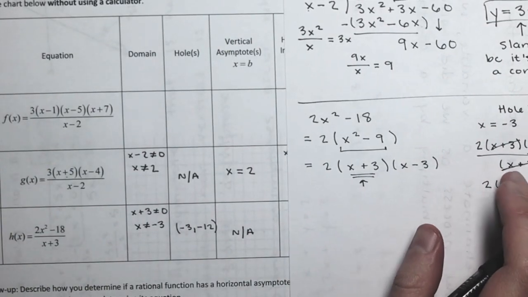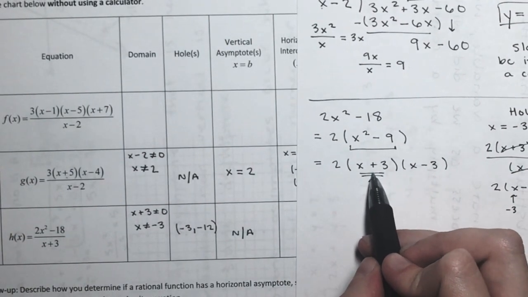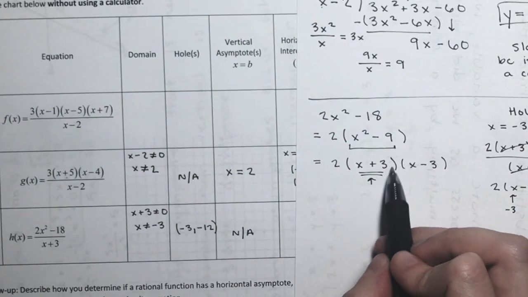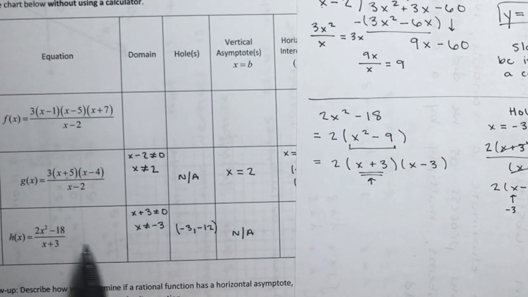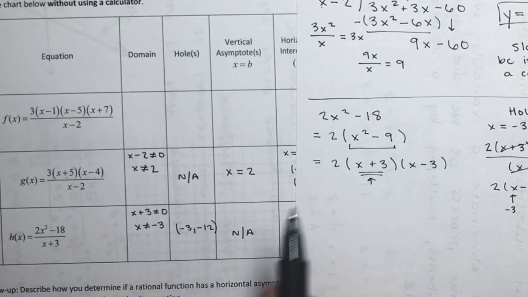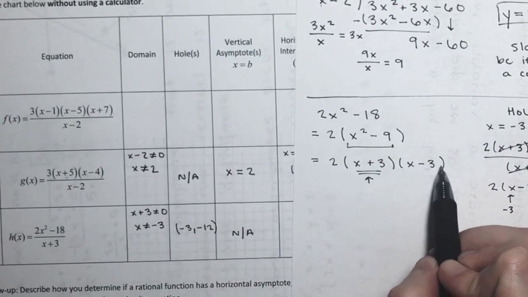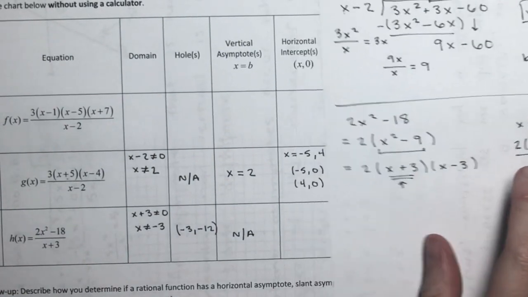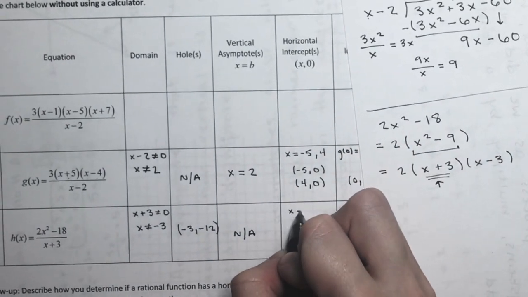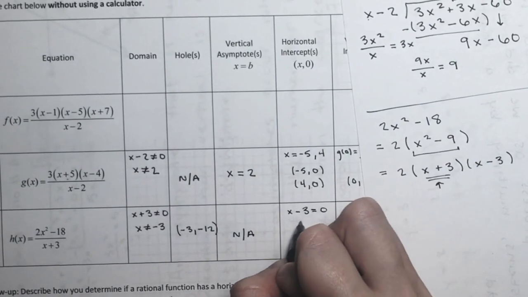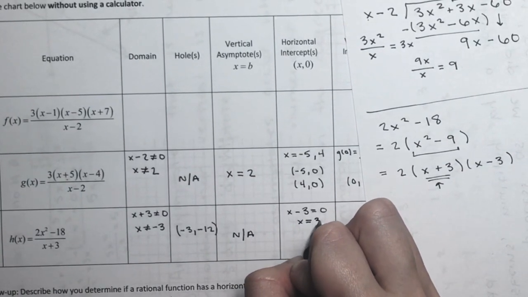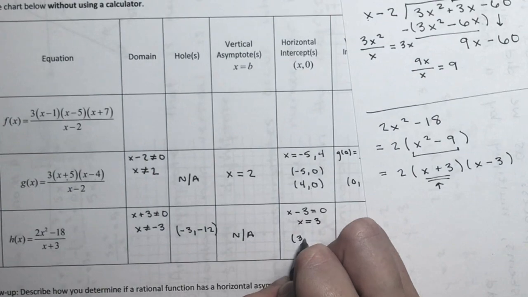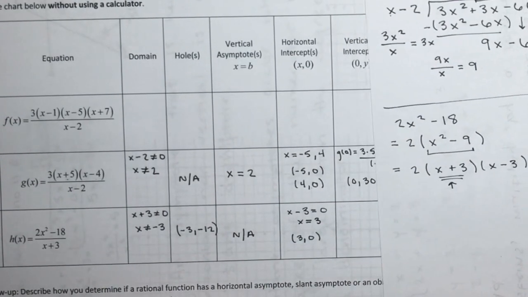So we will not have a horizontal intercept at -3, even though this is a factor, because it's also a factor of the denominator. We will have a horizontal intercept at +3 because of this factor. So since x minus 3 equals 0, then x equals 3, and we have a horizontal intercept at 3, 0.